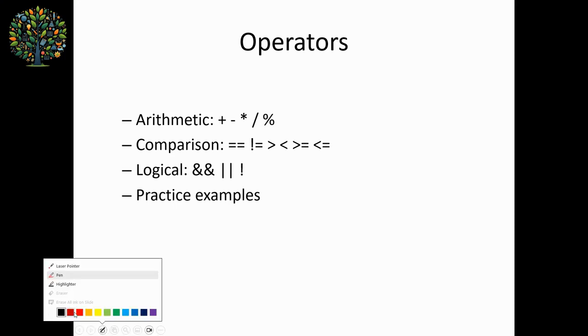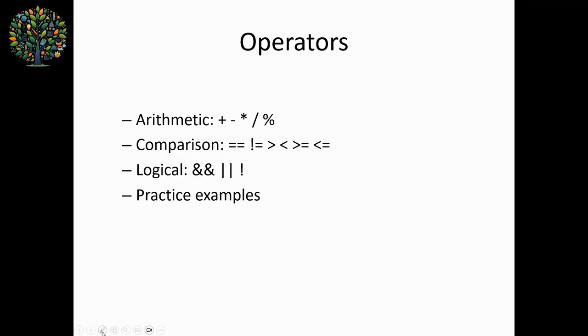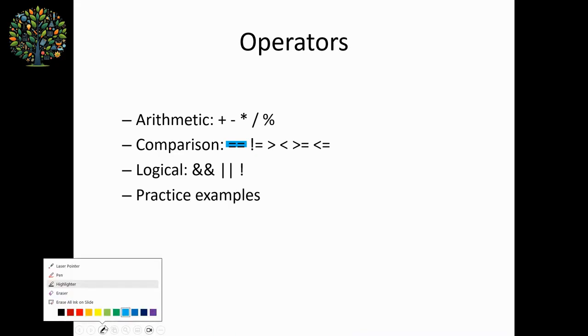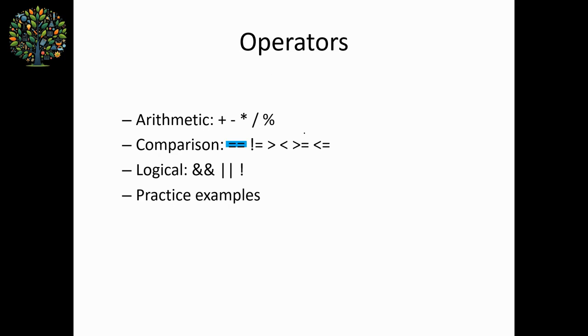The comparison operators are a bit different. These are usually used in if statements or conditional statements. Now the double equal actually means equal. Earlier in the video, we looked at how just the equal sign is used to assign a value, but when there are two equal signs, that actually means that they're equal.